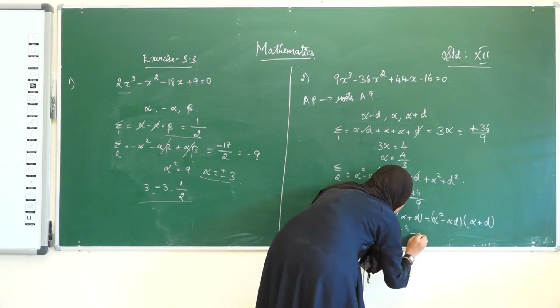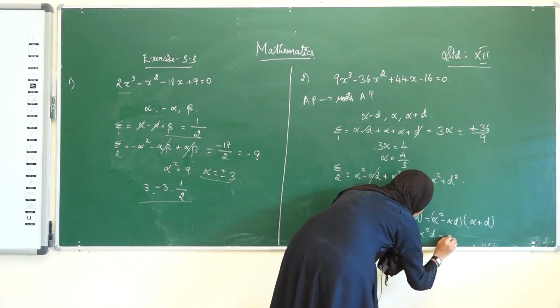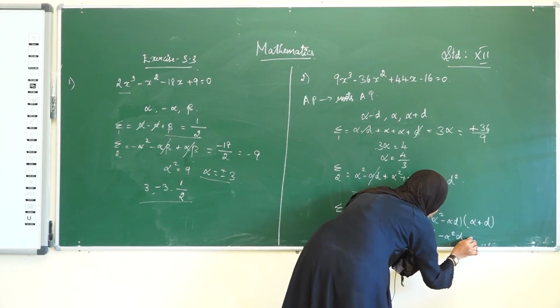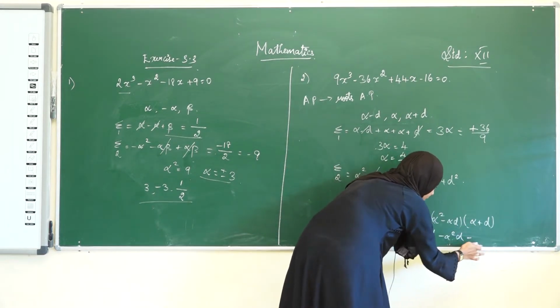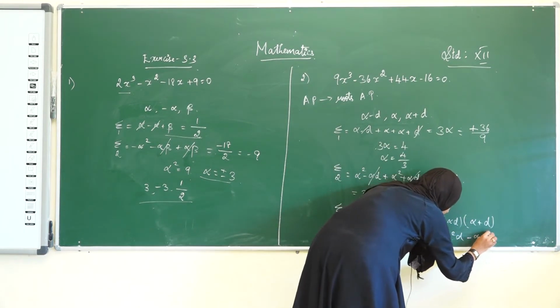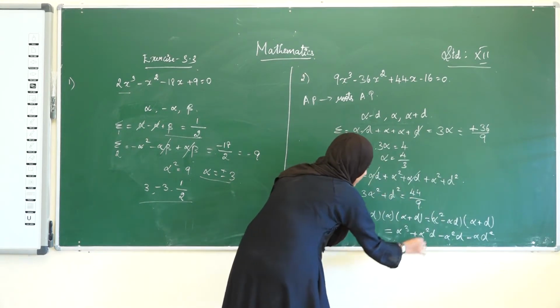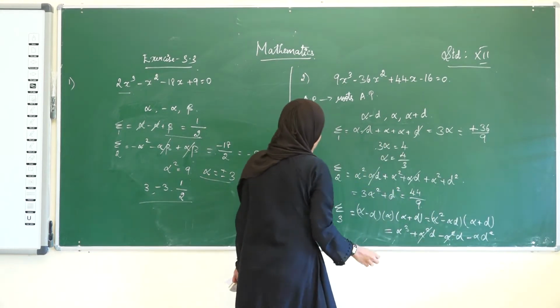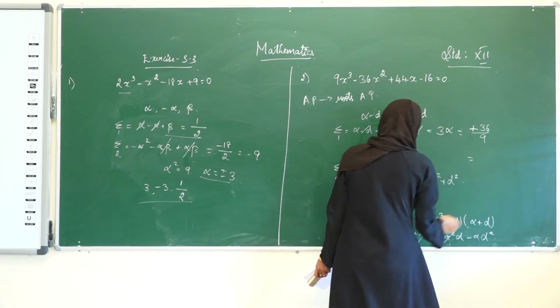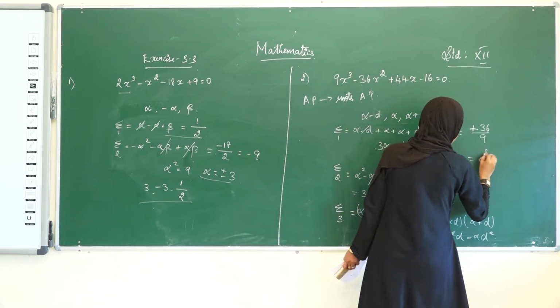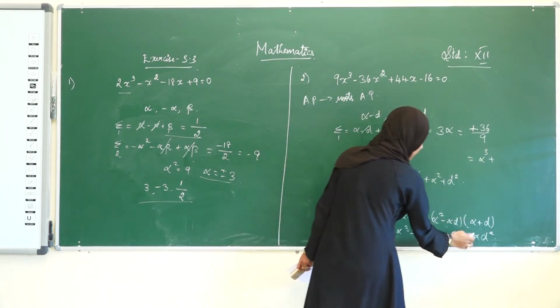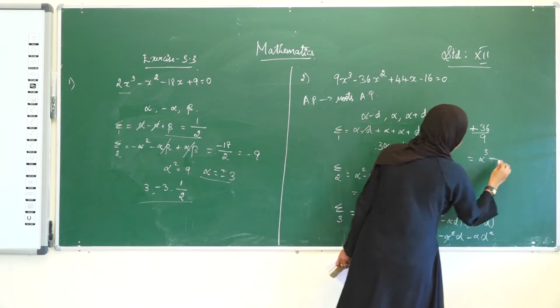Alpha cube plus alpha square d minus alpha square d, minus into plus minus alpha d square. See, this term and this term get cancelled. So the value is alpha cube minus alpha d square.